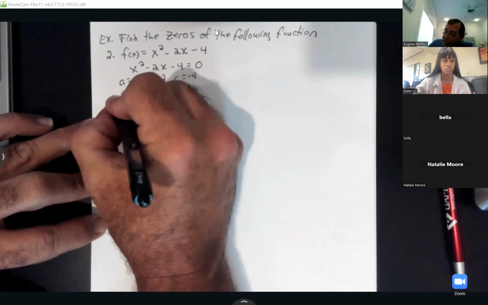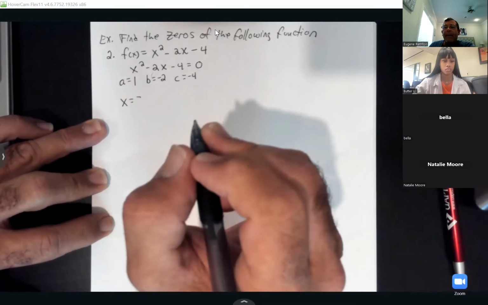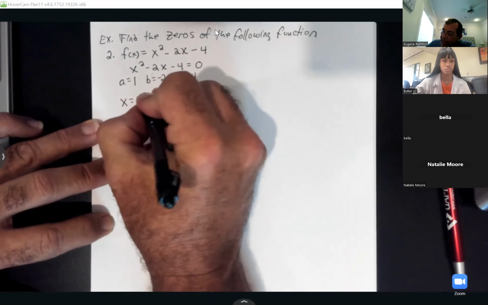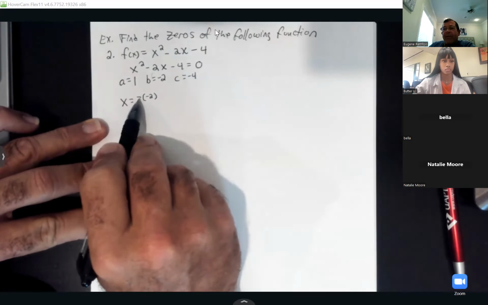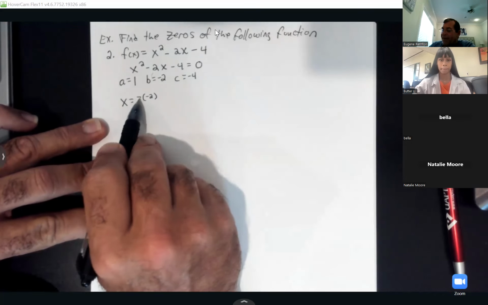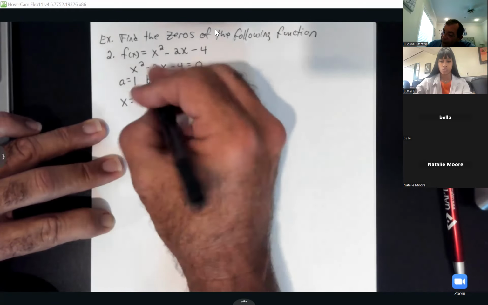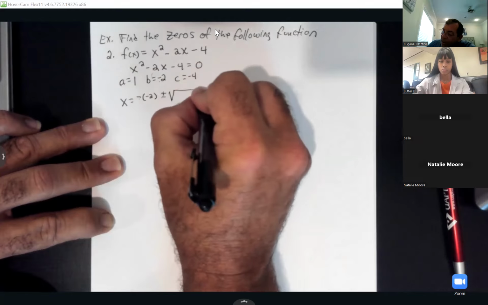So now we're going to plug this in. X equals negative. The negative's in the formula. Then we put in our B, which is a -2. This negative's only purpose in life is to change the sign of whatever our B is. All right, then we had plus or minus square root.